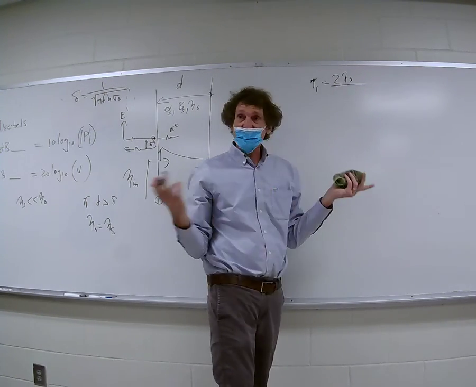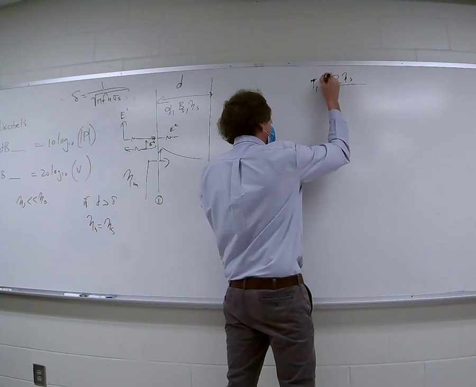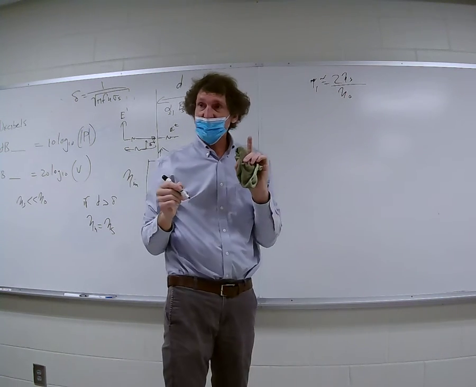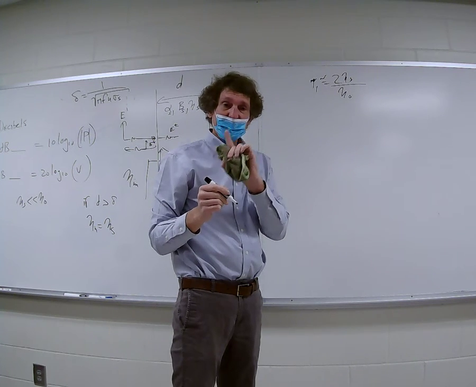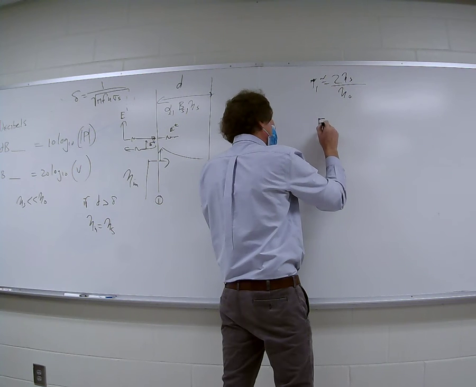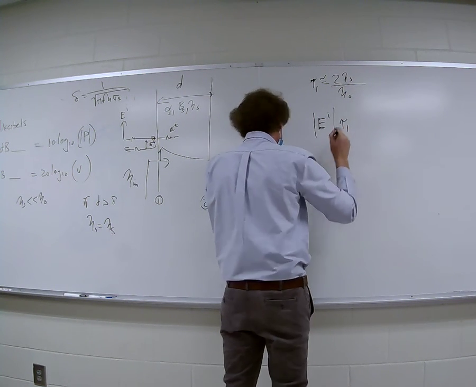Eta naught plus eta shield is just eta naught. You all follow me? Again, I'm talking about an approximation. So that's going to be the transmission coefficient from media 1, this is the incident field, to media 2. That means we would take the incident E field magnitude, multiplied by tau 1.